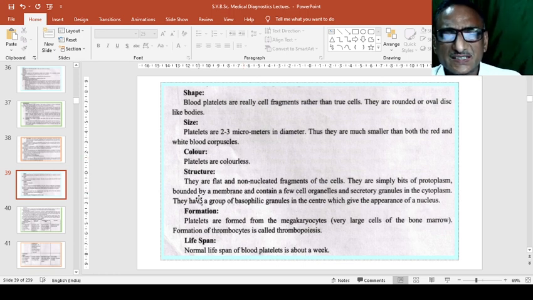They are colorless, non-nucleated and flat. They are simply a bit of protoplasm bounded by a membrane. They have a group of basophilic granules in them. These are formed from megakaryocytes, very large cells of the bone marrow, and their lifespan is about a week.